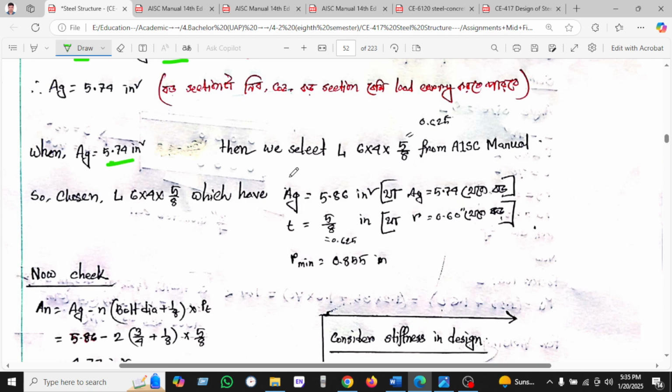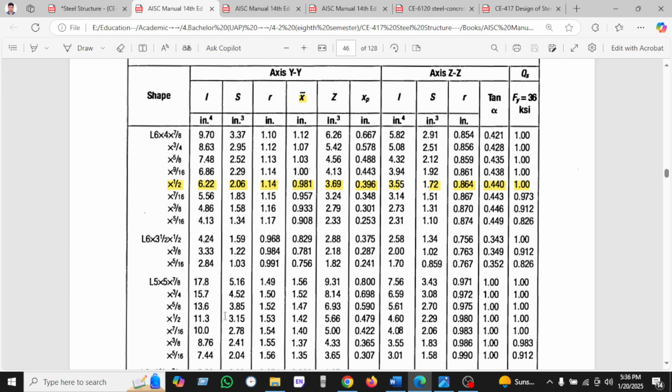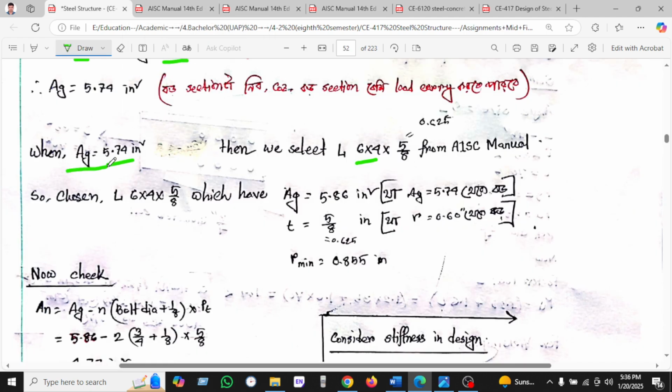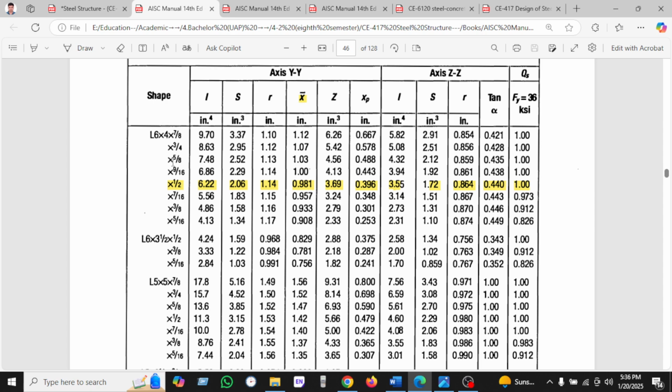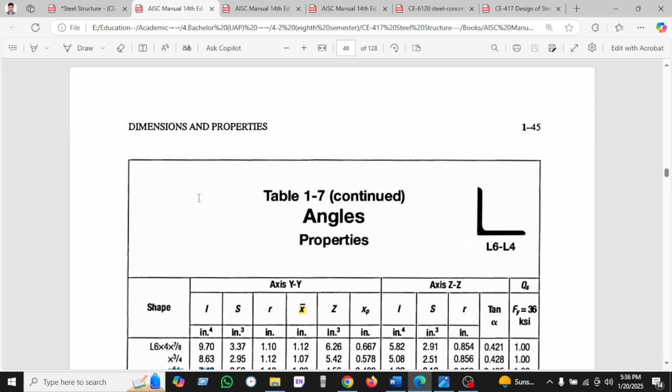Now we will select an L section, L6 by 4 by 5/8, from the AISC manual. How do we get it? We go to this menu and look at the value of Ag.